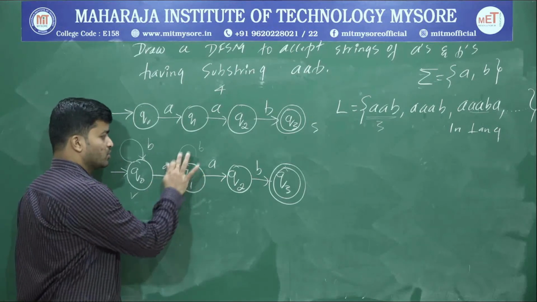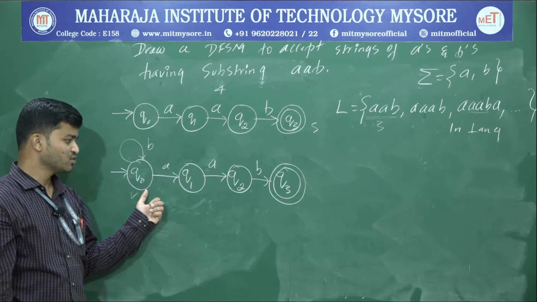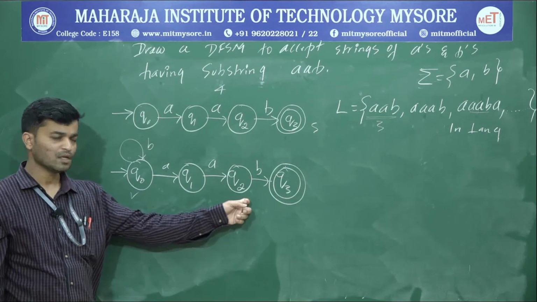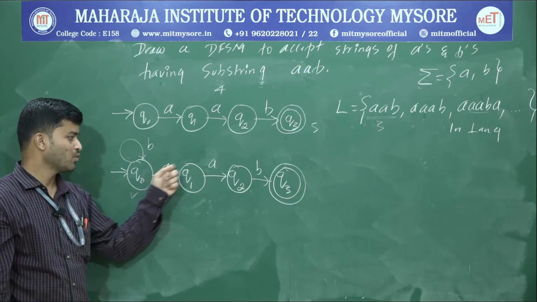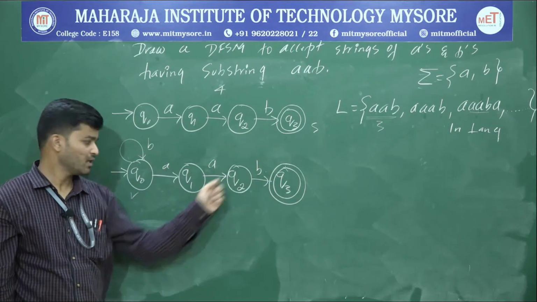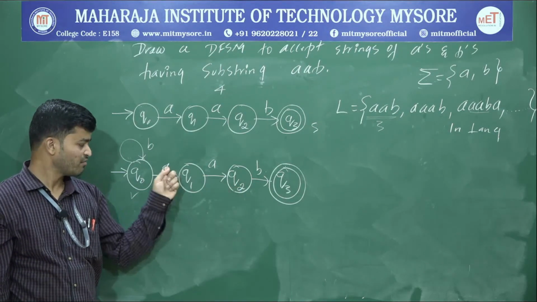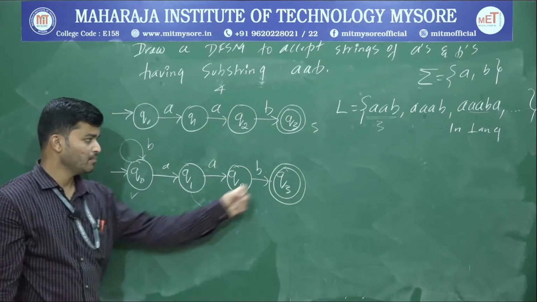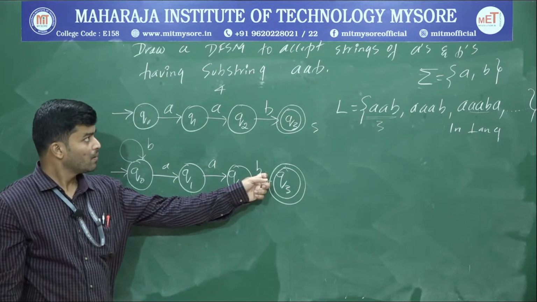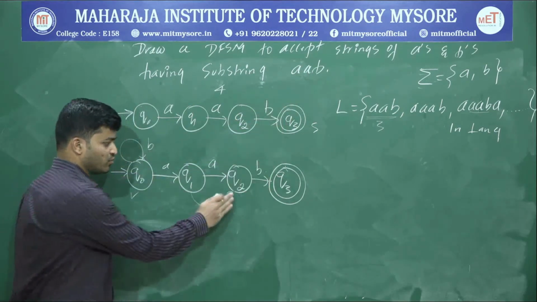If the loop is not a valid option, you have to connect with the next nearest state. The next nearest states are Q0 and Q2. Which one will you connect? If I connect to Q2 upon B, I will not get the substring AAB; it will accept ABB. The requirement is AAB, so this is not a valid option.